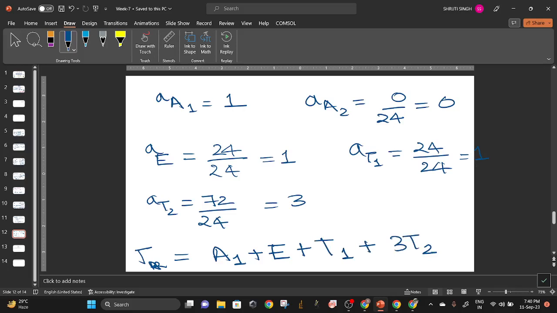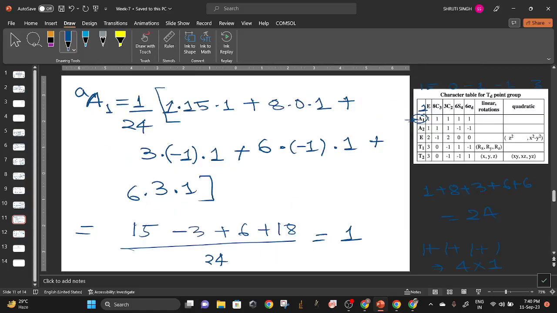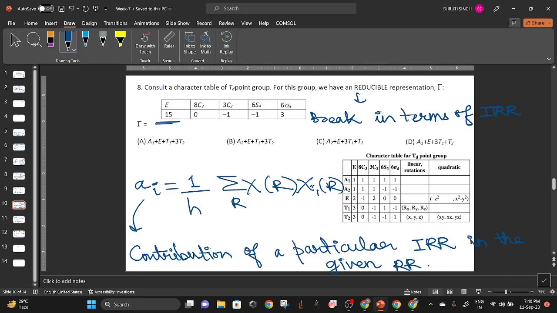So this is the answer: the linear combination of irreducible representations which make this reducible representation. Which option is this? This is the first option.